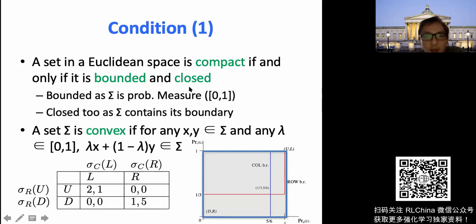It's bounded because it's a simplex, with probabilities between 0 and 1. It's closed because it also includes 0 and 1. So it's bounded and closed, therefore it's compact. It's also convex: if any two points are in the set, anything on the line between them is also in the set. So this is also convex.